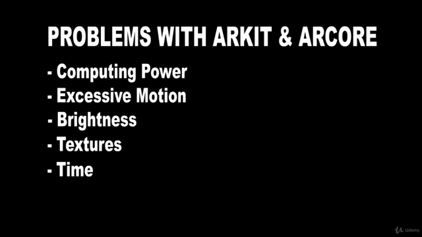Same point for the brightness. When it's dark, we can't detect feature points well. Next problem are textures. We should always point out to the user that he should use textures that have a lot of contours. Of course, when we run the augmented reality, for example, on a white surface, it is clear that we can't detect feature points.